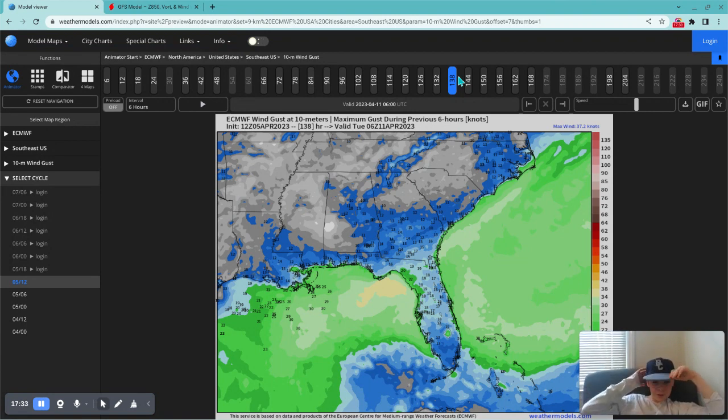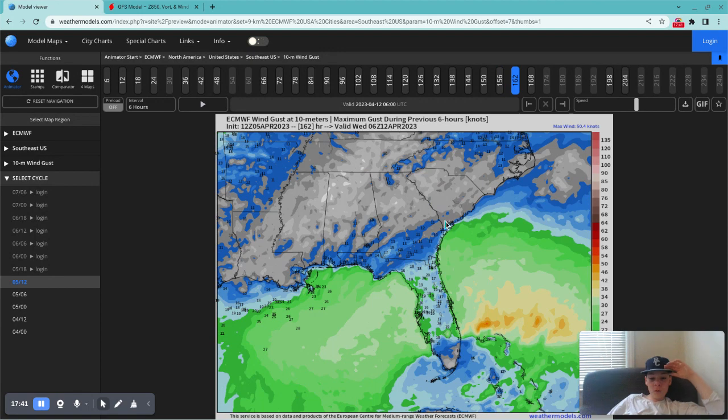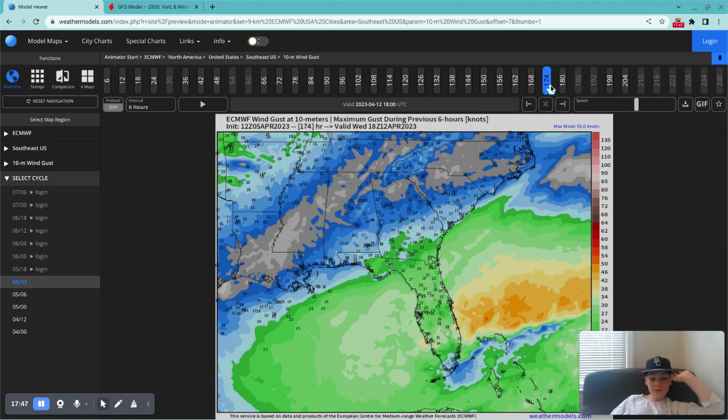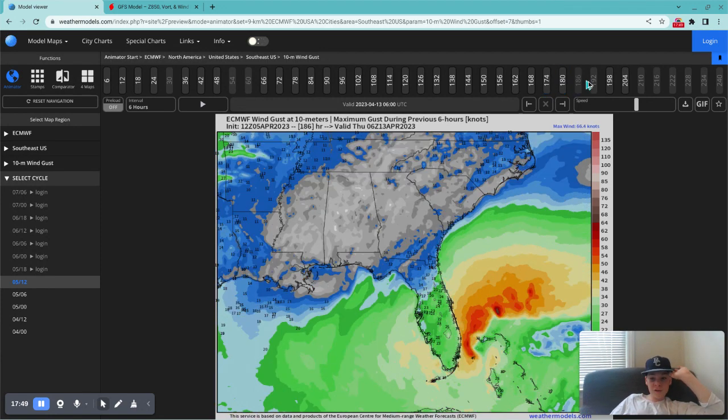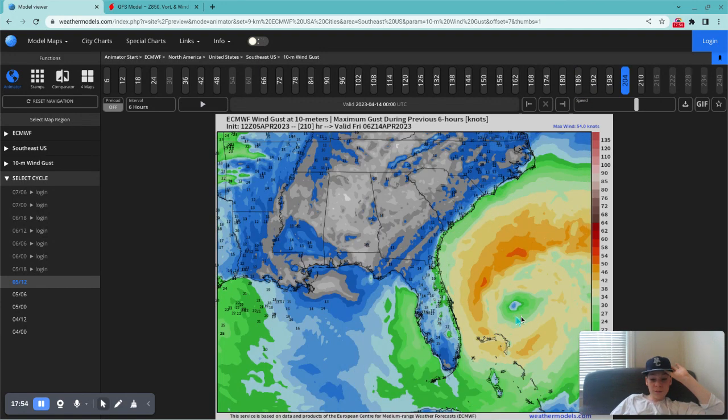But you can see that you've got widespread wind gusts over 35 miles an hour just off the coast of Florida, and this will continue moving with this system. And look at all of Florida gusting to 20, 30, maybe even 35 miles an hour. This will definitely bring some gusty conditions and heavy rainfall, and this is showing that it's going to be pretty strong.